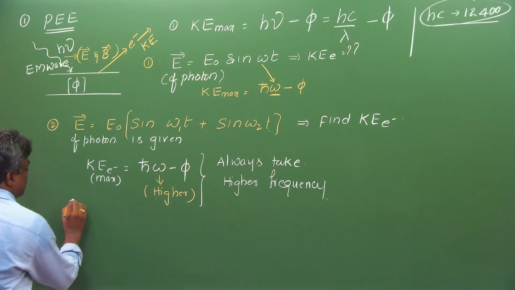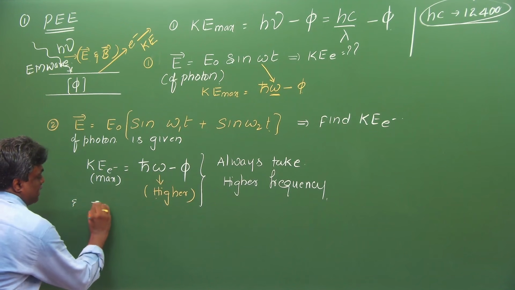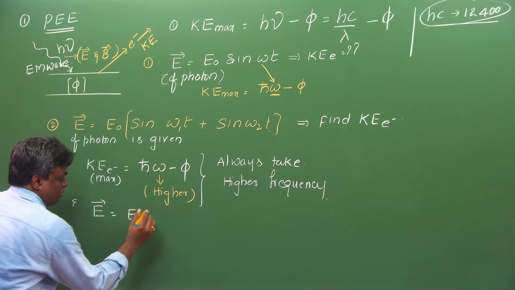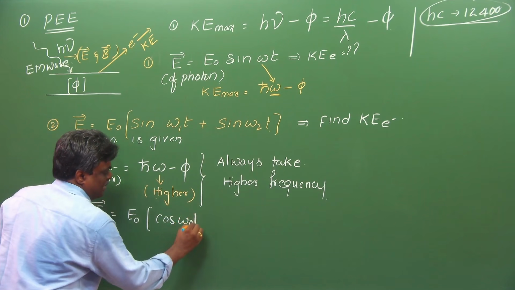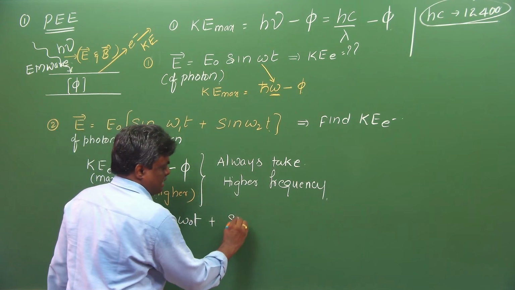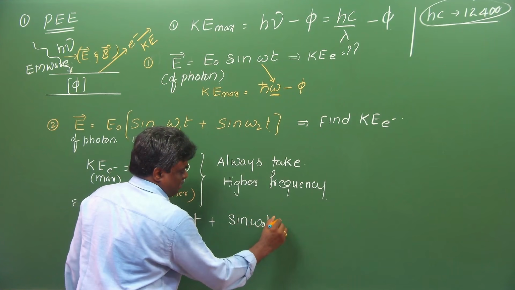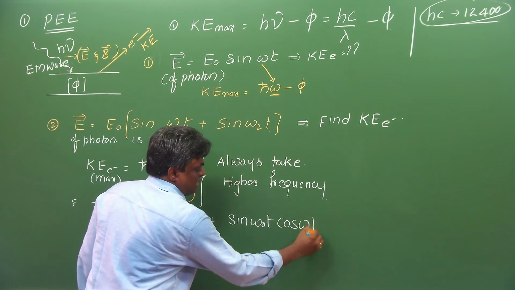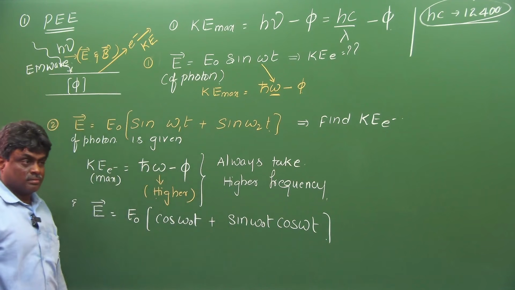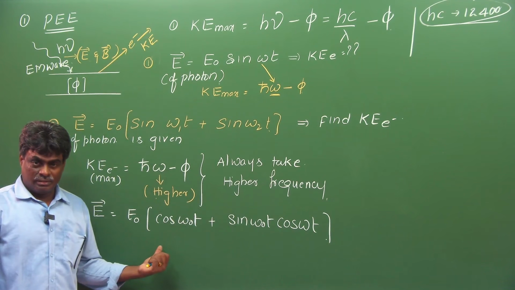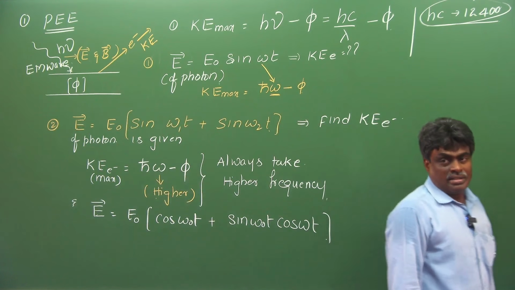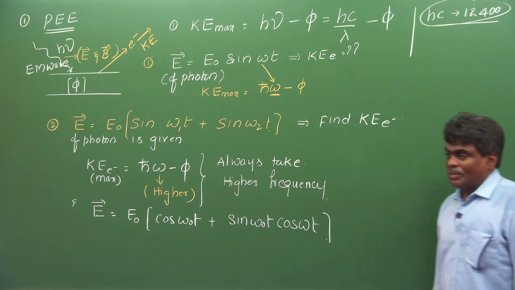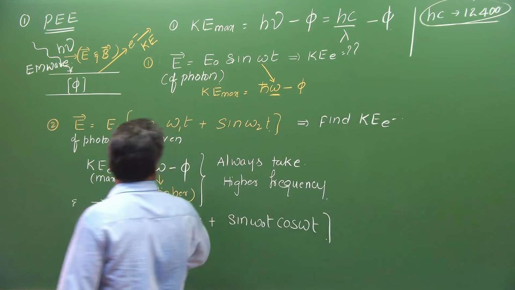So one more example I am taking. They have given the electric field like this. This was a JAM question, E naught, I think they have given some cos omega naught t plus sin omega naught t into cos omega t. This is the question they have given. Can anybody stand and say what you will take as this omega?